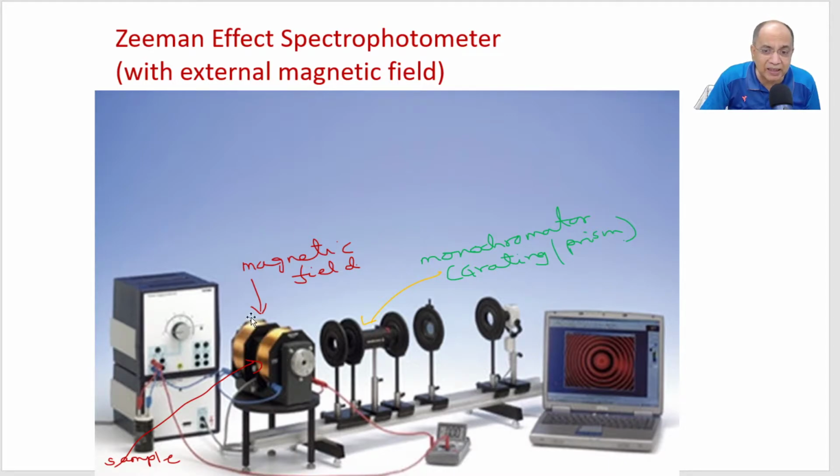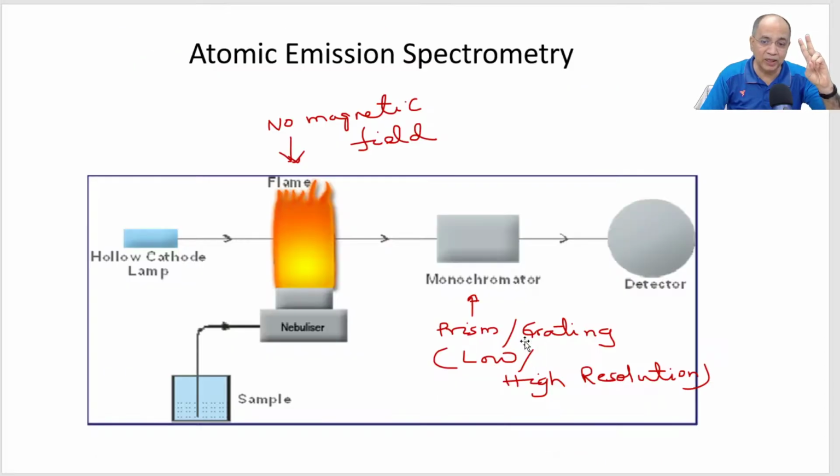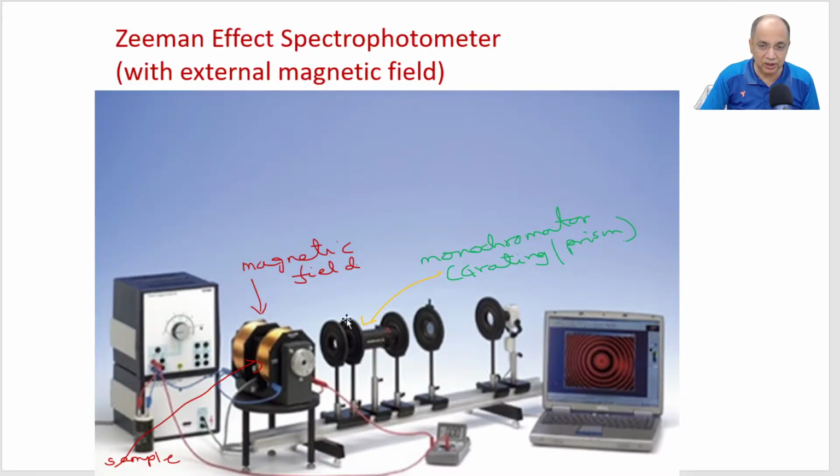But this magnetic field is an additional feature to see Zeeman splitting or Stark. I mean, if it is an electric field, then it is Stark splitting. Zeeman is magnetic field. Now you remember two things: one here, the other here. One here, the other one here.